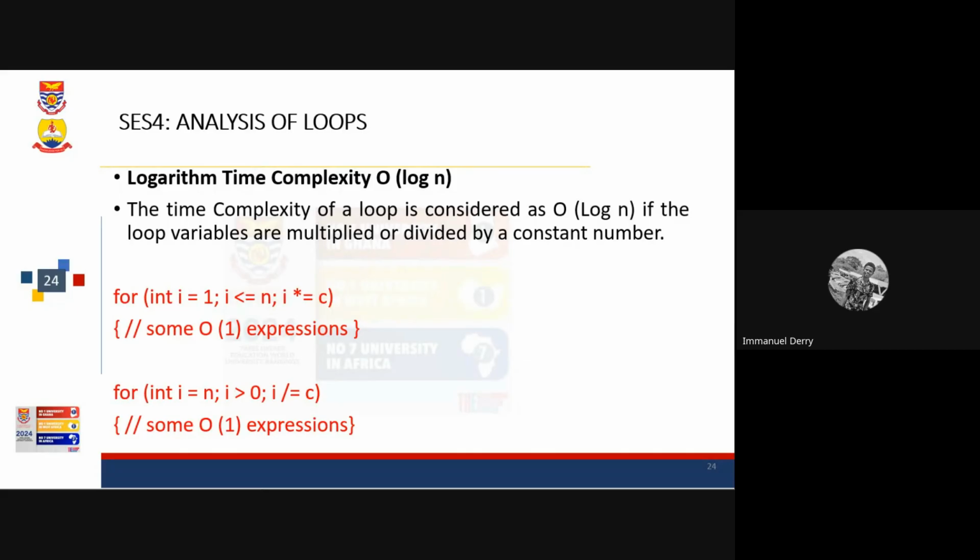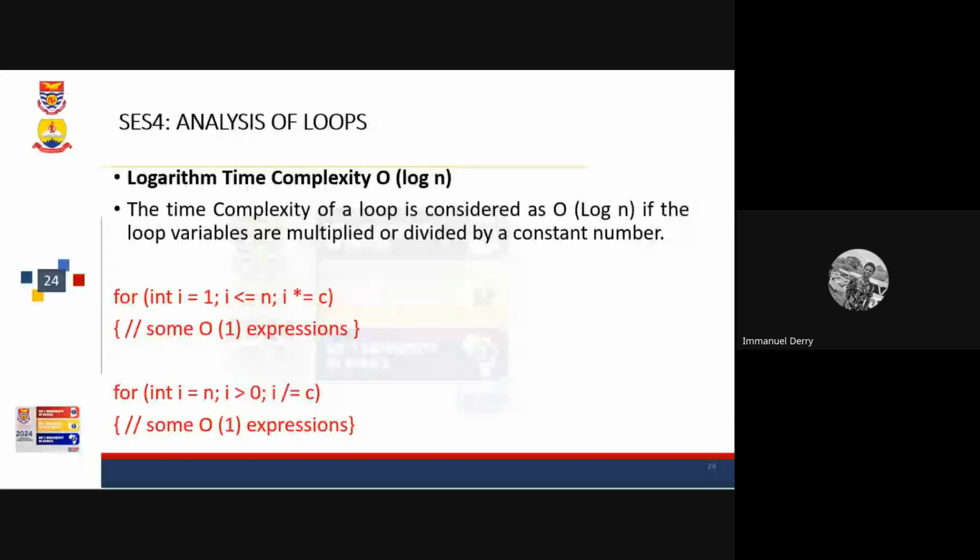All right, so before you can get a logarithmic time complexity, it means that the loop variable is multiplying or dividing a constant. So this is an example that we have. The loop variable, which is the I, is multiplying by a constant C. Then when we evaluate the algorithm, we are going to get big O of log n. Similarly, if it is dividing, we are actually going to get the complexity to be big O of log n.